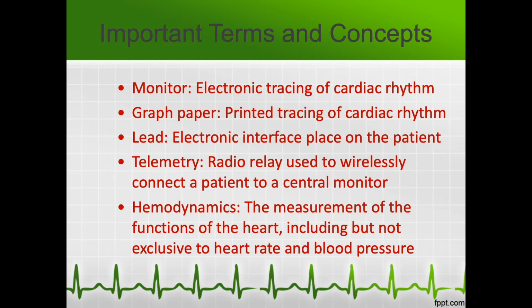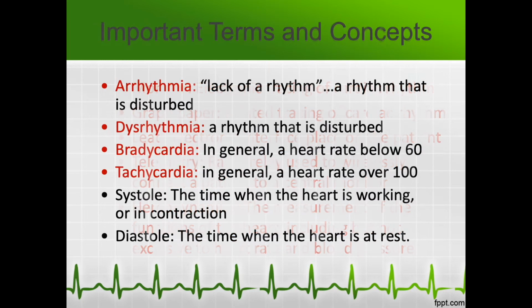And the term hemodynamics refers to the measurement of the functions of the heart, including but not exclusive to the heart rate and blood pressure. A term you may hear later on is cardiac output. An arrhythmia, or lack of rhythm, means it's a rhythm that is disturbed, a rhythm that does not look the same as what we would expect from a normal heart conducting electricity through its conduction system in a normal manner.